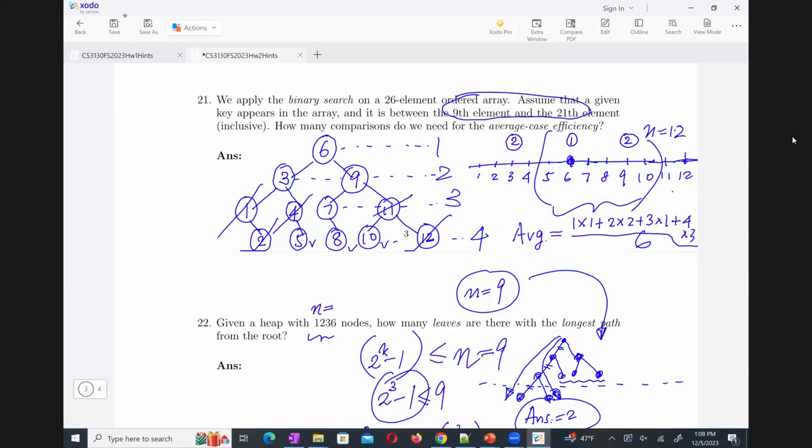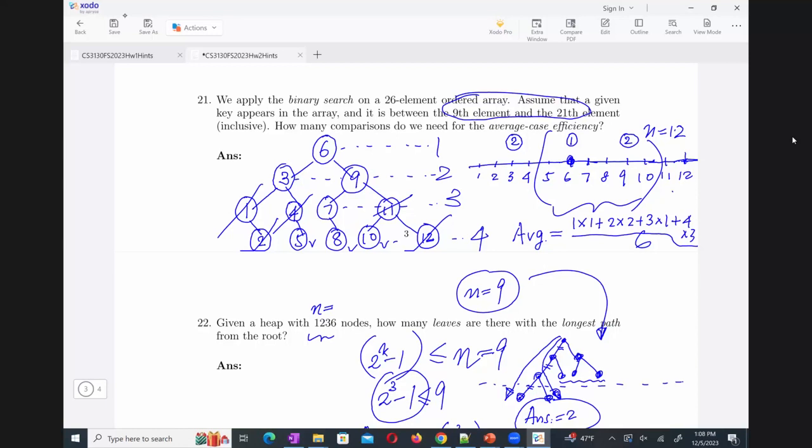And we should always use the floor of min plus max divided by 2 for each median, I guess. Yes, each median, use the left median. But if some students use the right median, I give you full credit. Just one of the 2 options. Left median, because our assumption is the left median.